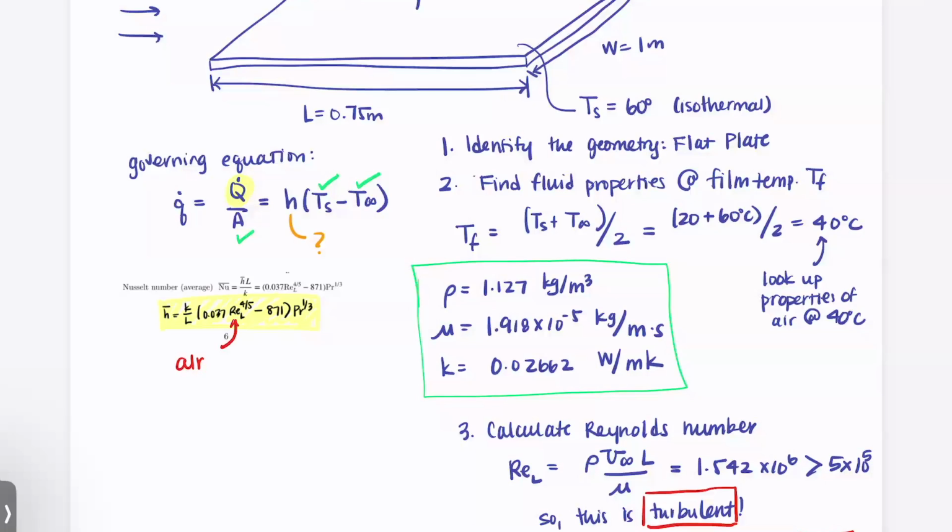Then 0.037 times the Reynolds number, which is 1.542 times 10 to the 6, we calculated that value, raised to the 4/5, and then minus 871. And we multiply that whole thing by the Prandtl number, 0.7255, raised to the 1/3.